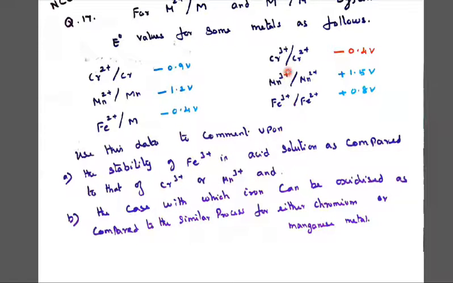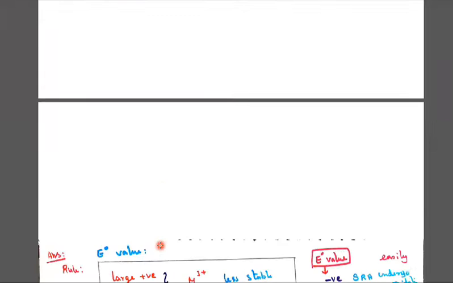The second option asks which ion can be oxidized as compared to the similar process for either chromium or manganese metal.